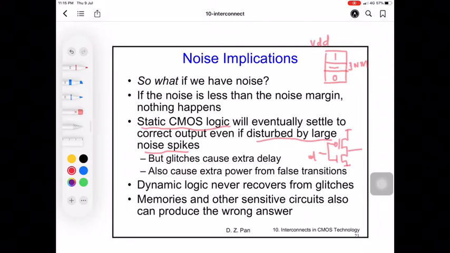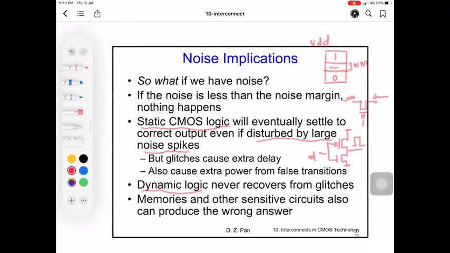If it has noise, it will still produce a good output because the transistor is pulled up or pulled down. But if you have only one transistor here and you have noise here, it will be transmitted into the output.